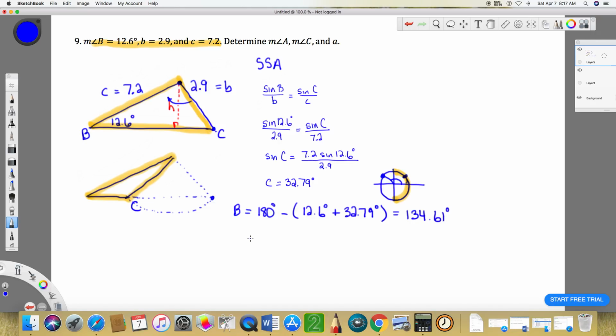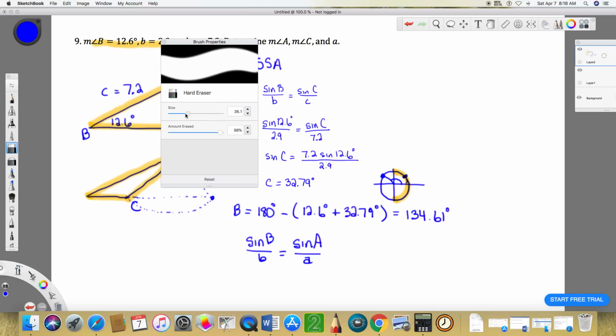All right, so let's return to our law of sines. The sine of B over B, this ratio, is not only equal to sine of C over C, but sine of A over A. I called this B, and I should have called it A, because B was given.